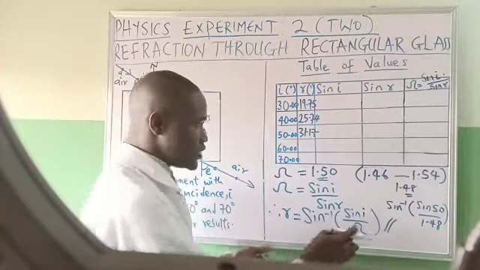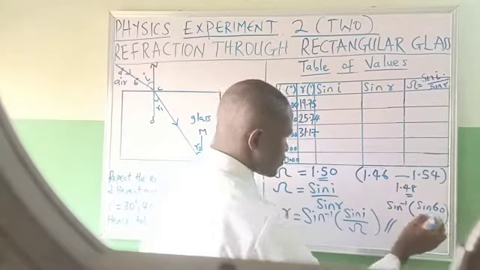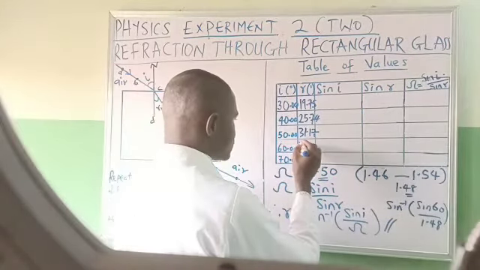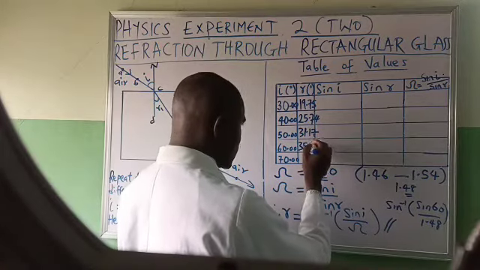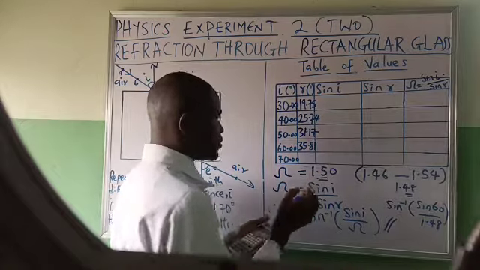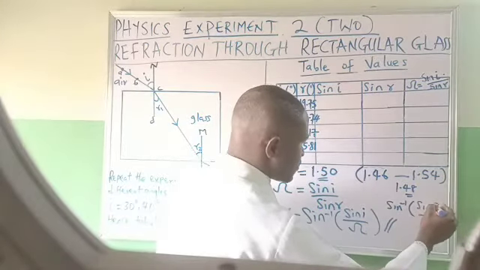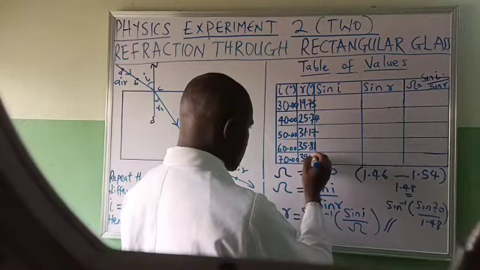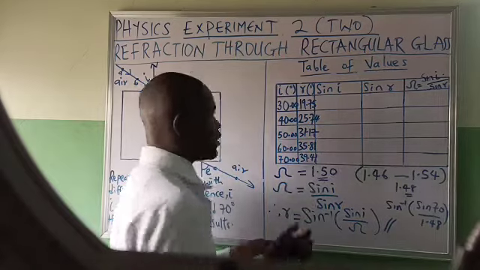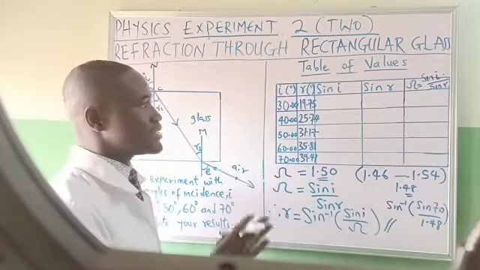I'll change the 50 to 60, that is 35.81. I will change the 60 to 70, that is 39.41. Now I've succeeded in getting my r, and that is the major thing.